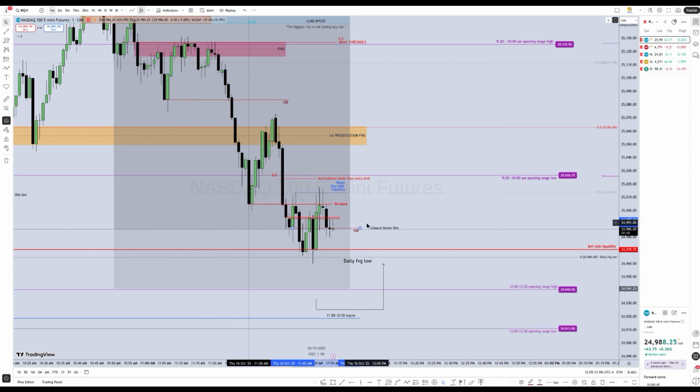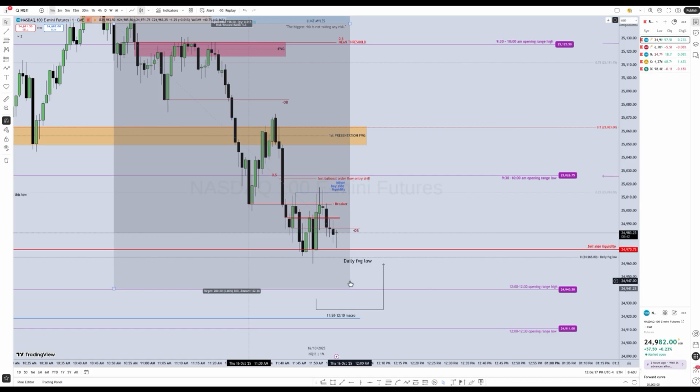Okay, the market is working between the order block and the volume imbalance. So I expect the moment I get closure, I want the market to move with speed, closing below the daily fair value gap low, because we have failed to close below that. And if you note, from that high to that low, if I put my optimal trade entry just like that, the market is giving me the optimal trade entries right there.